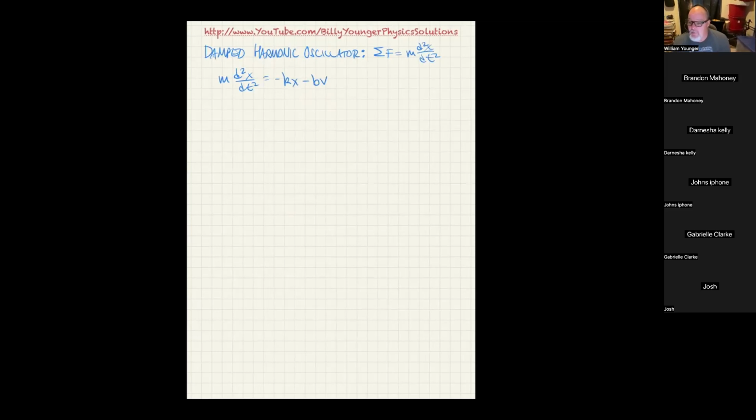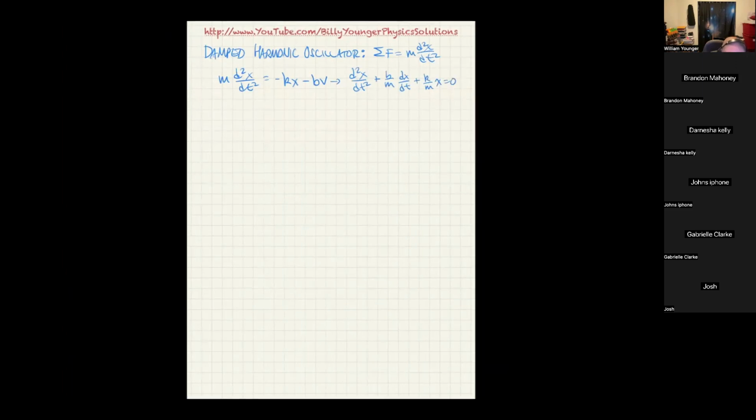Air resistance can either be proportional to v or proportional to v squared. We're handling the proportional to v story. When I reconfigure that, I end up getting d2x over dt squared, where I divided through by m, plus b over m times v, which is dx dt, plus k over m times x is equal to 0.